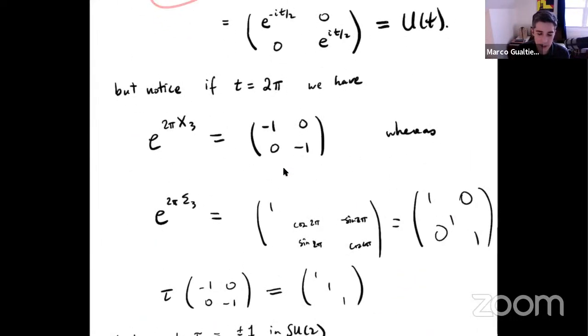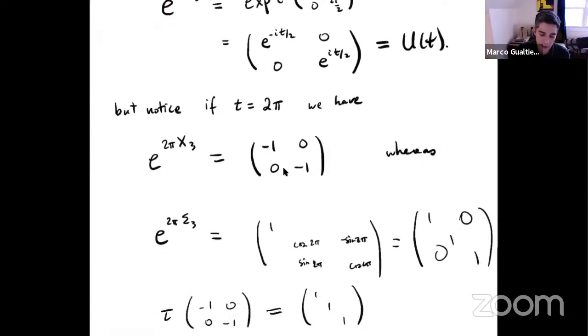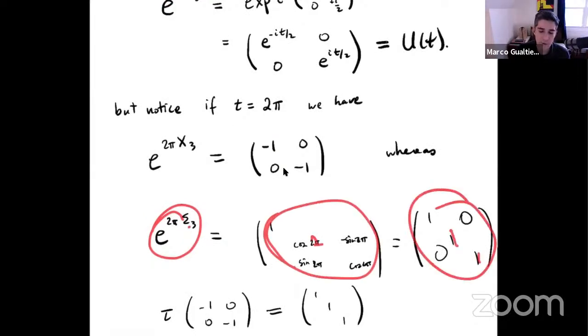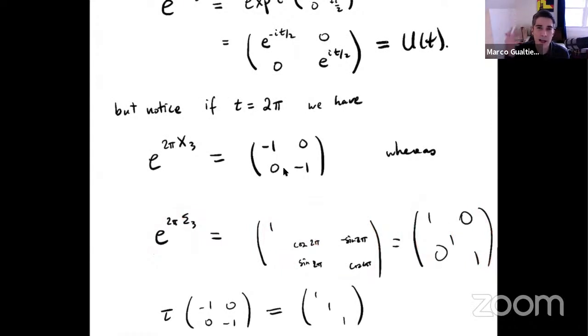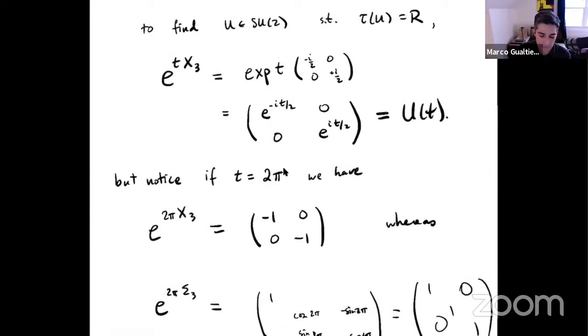If we take time to be 2π, then it's clear that for 2π rotations in 3-dimensional space, this thing is just going to give the identity matrix. Of course, if you rotate by 2π about any axis, we just get the identity. On the other hand, here, if I exponentiate this by 2π, then because of this 1/2, I'm going to get -1 here.